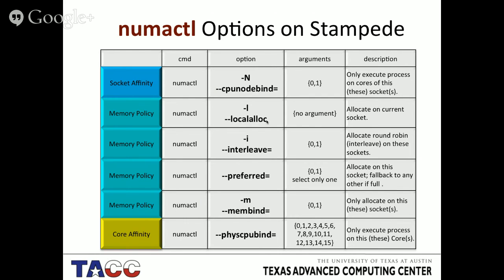It will fall over to running on other sockets, and so your code might run slower because it's trying to pick up memory on a different socket because you have a lot of I/O buffers there.